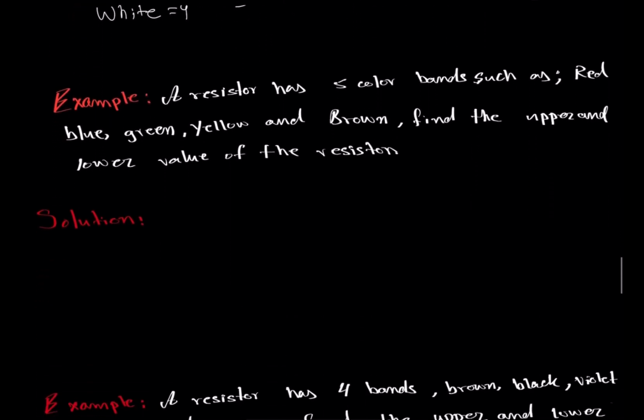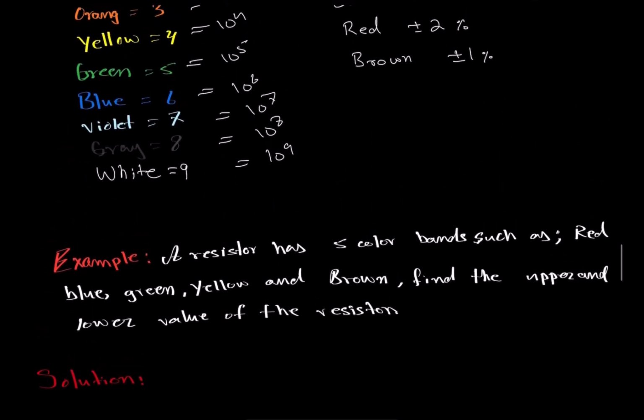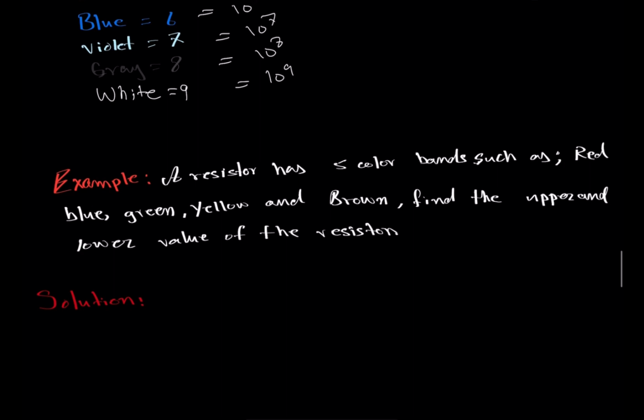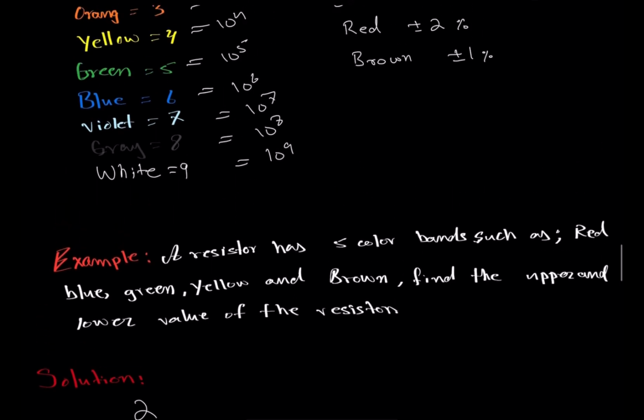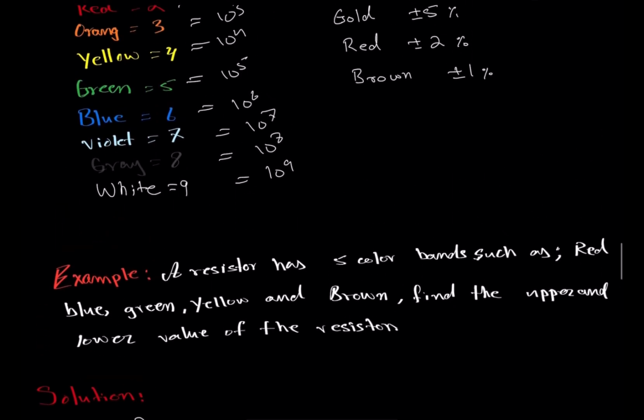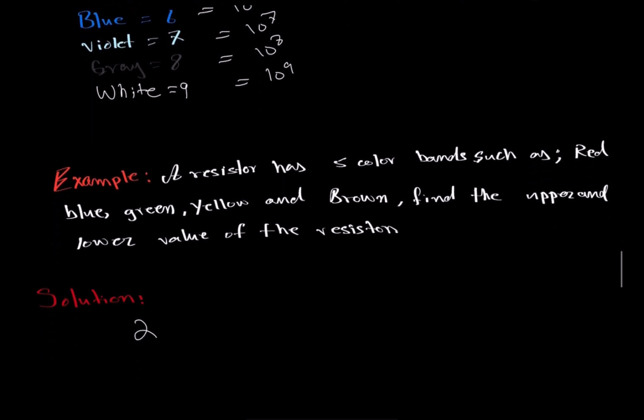So let's see. A resistor has 5 color bands, such as red. So red has a what? Red has a 2. In the 5 bands, we said 3 are the numbers, the 4th is the multiplier, the 5th one is the tolerance. So red, blue, green. Blue is 6, green is 5.